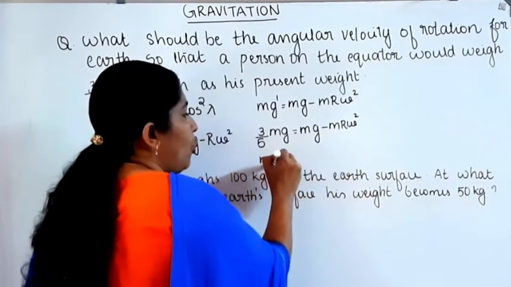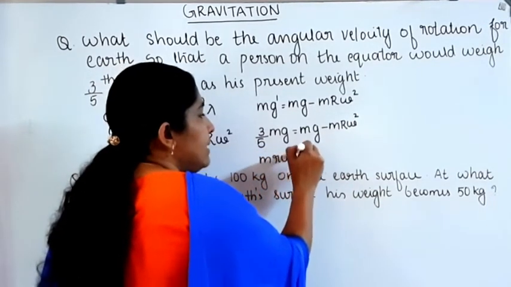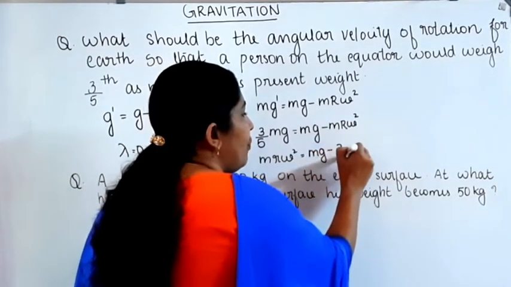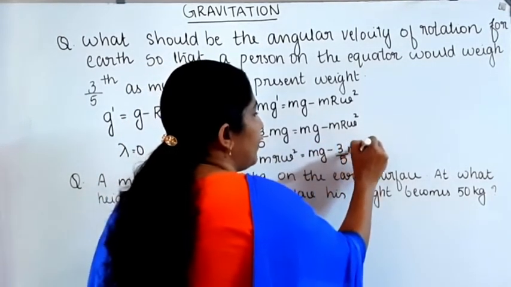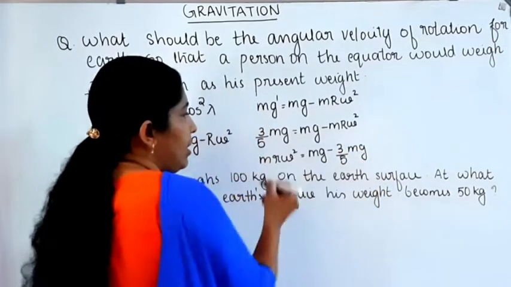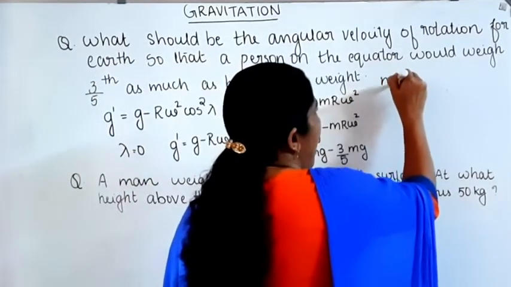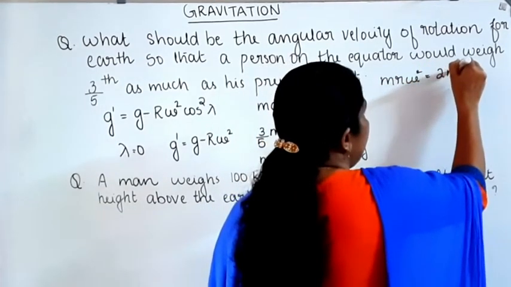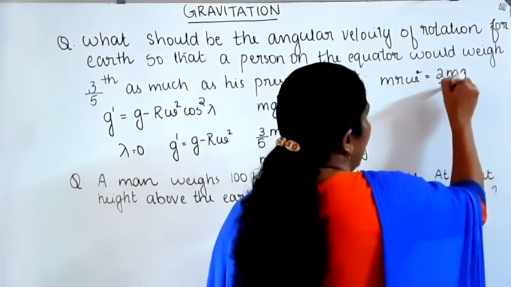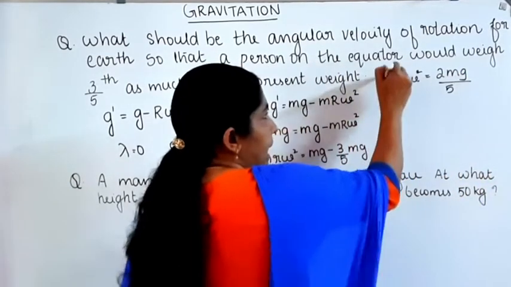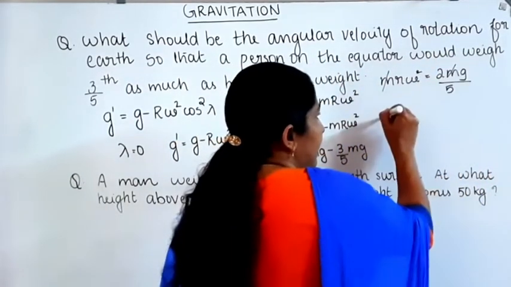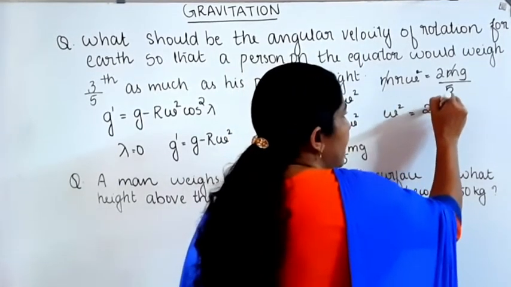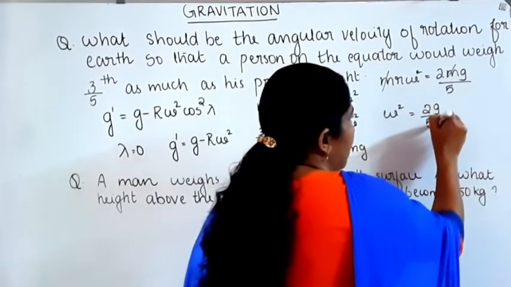Then mr omega square is equal to mg minus 3/5 mg. From here we can write mr omega square is equal to 2 mg divided by 5. Then m gets cancelled, and omega square is equal to 2g divided by 5r.